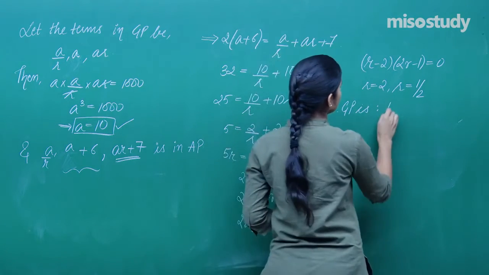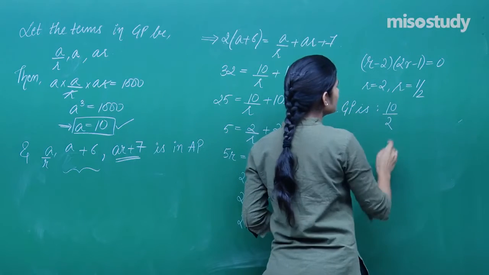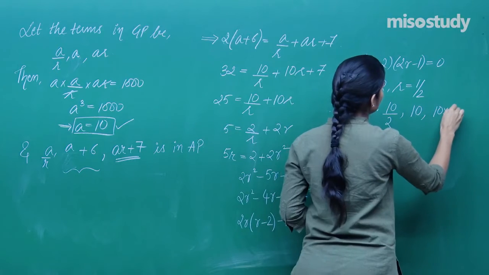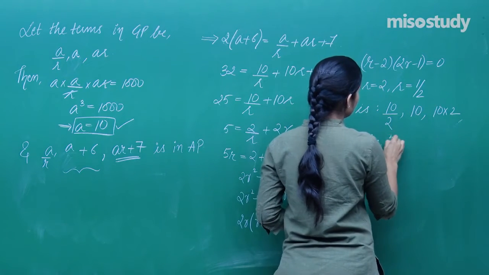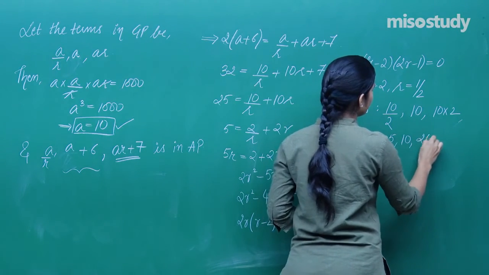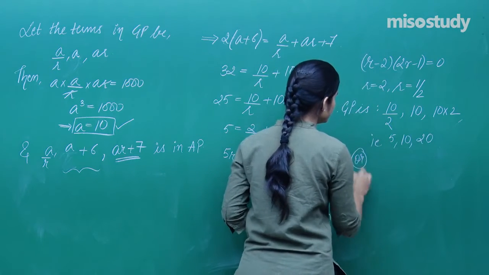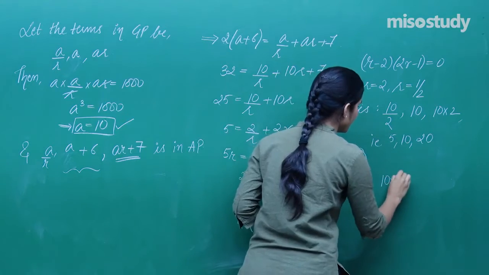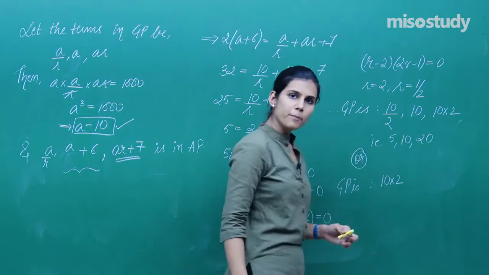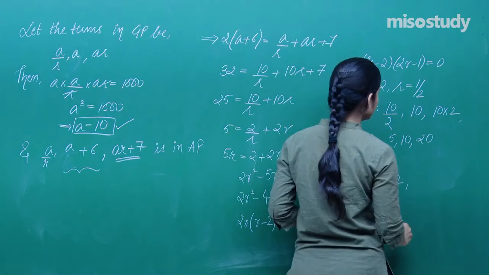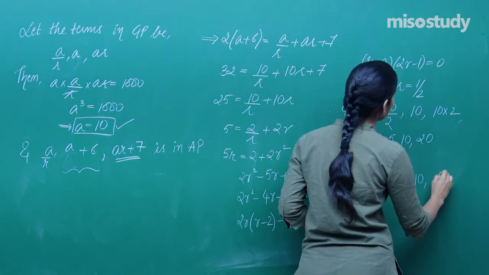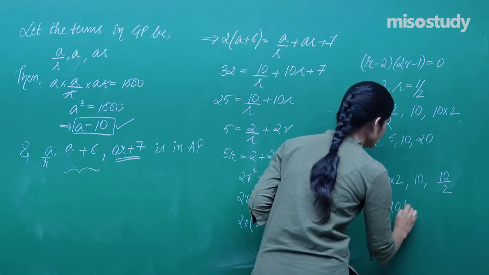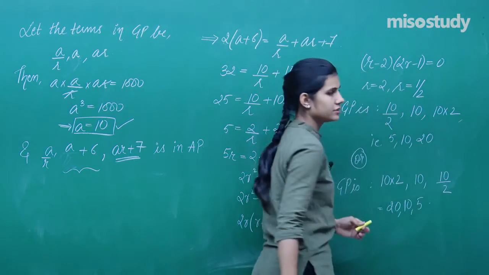A by R, A, A into R. With R equals 1 by 2, A by R is 10 into 2, that is 20, then 10, and 5.